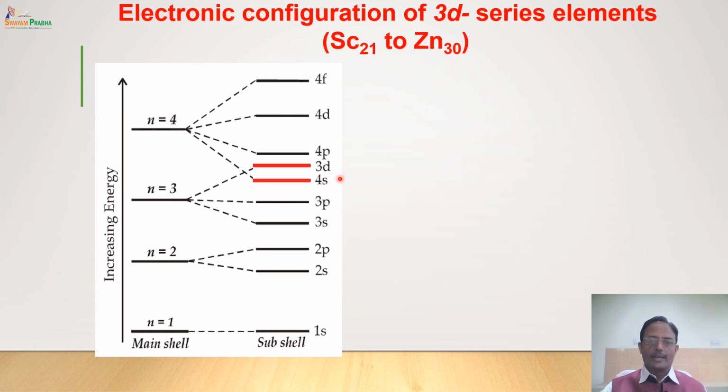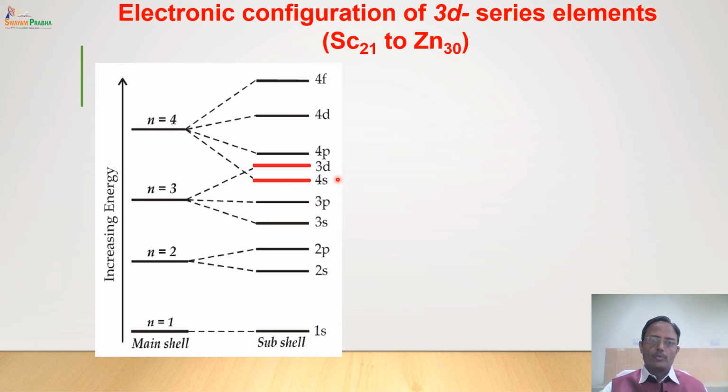Consider this 4s. Now when I say 4s, what is the value of n and l? n is equal to 4, the main or principal quantum number. And the azimuthal quantum number for s subshell is 0. So this is 4 plus 0 is equal to 4.